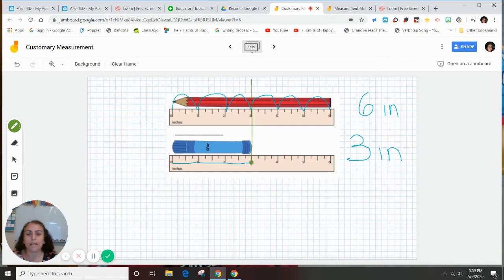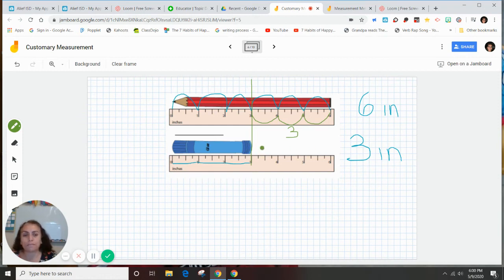But the pencil is much longer than the glue stick. By how many inches? I'm just going to count the extra inches that are more than what both objects have in common. So I'm going to count them, and these are 1, 2, and 3. So I know that the pencil is 3 inches longer than the glue stick.